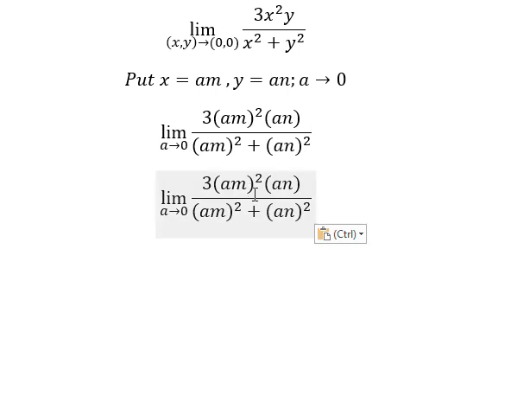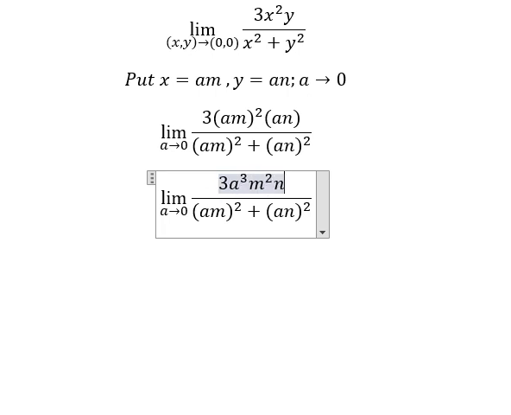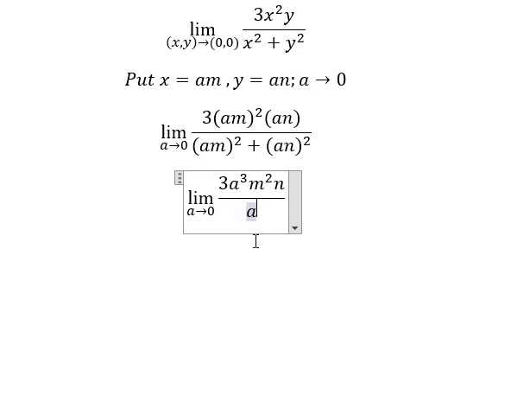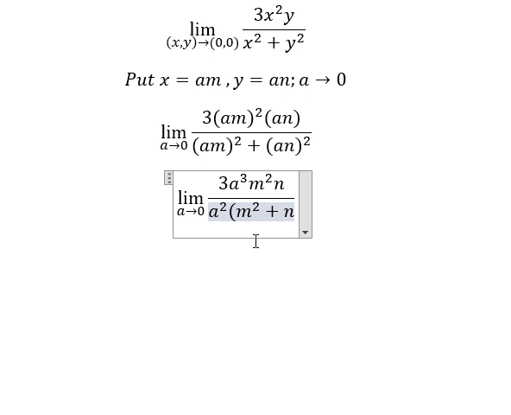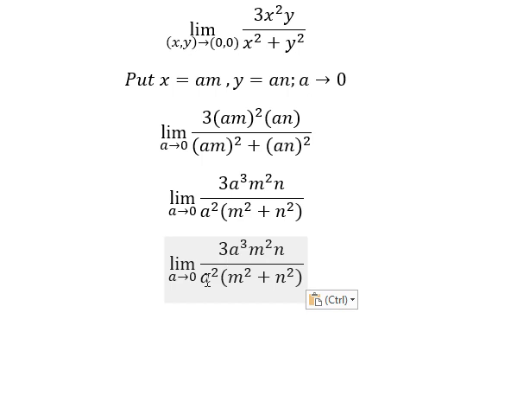Now we put a go outside, so that should be like this. Similar for the second one. Now we simplify by a square.